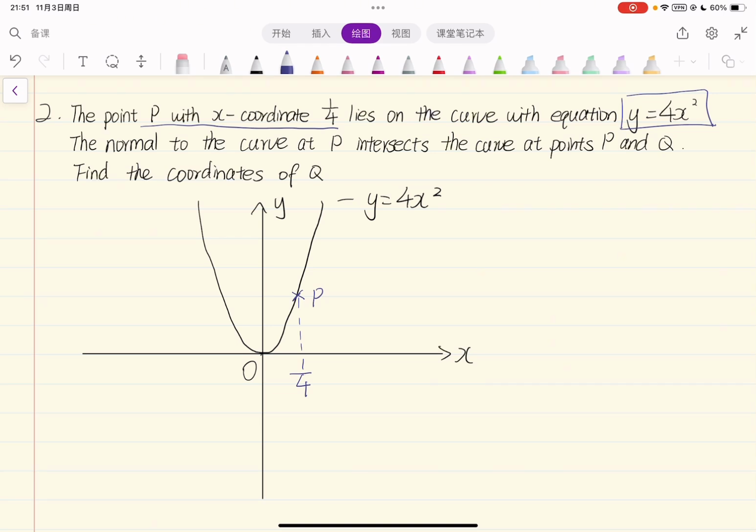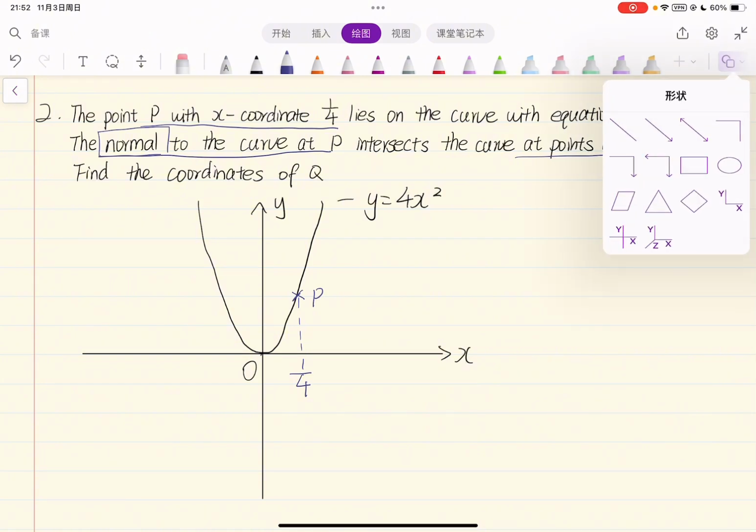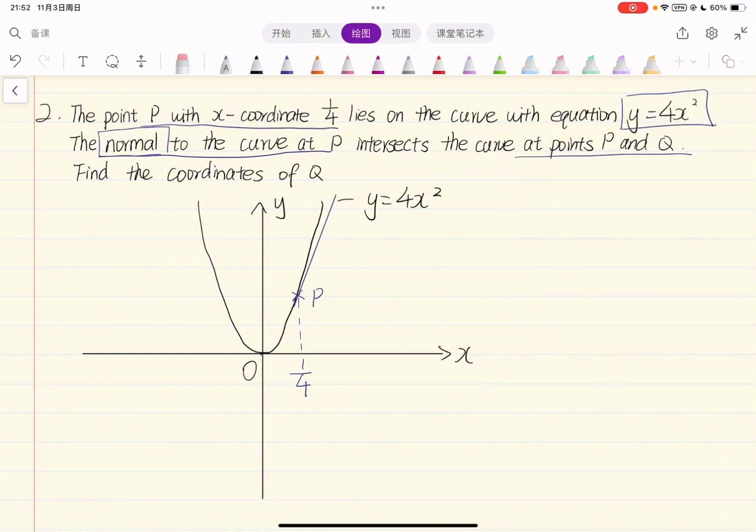It says that the normal to the curve at point P intersects the curve at points P and Q. As we want to draw the normal to the curve at point P, firstly, we can sketch the tangent at point P. So probably it looks like that.